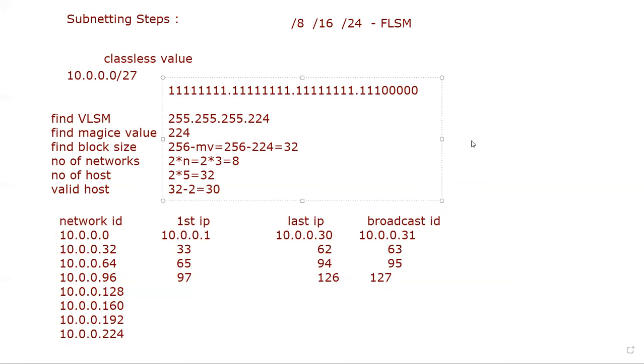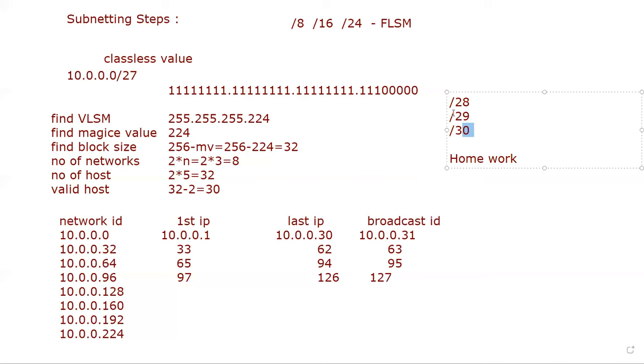Now we have to go with B and A class, like how to solve B and A class, because in that the hosts are different. So the homework for you is /28, /29 and /30. You have to solve it in your homework. I think it is easy for you.